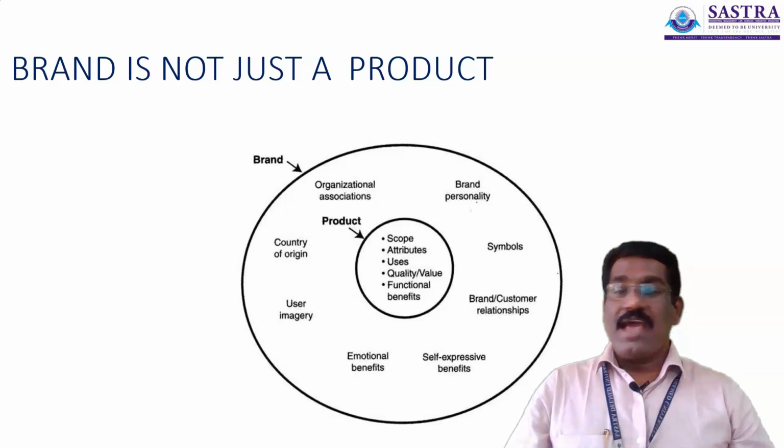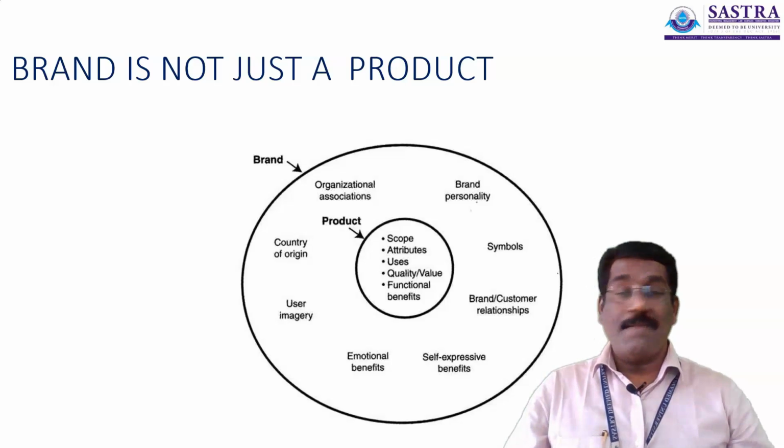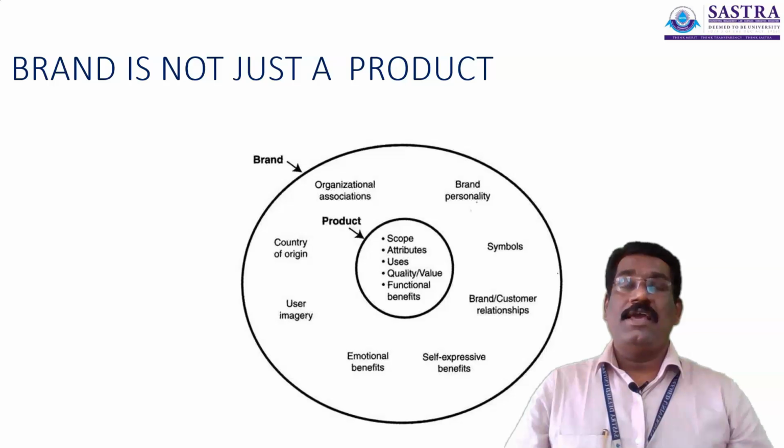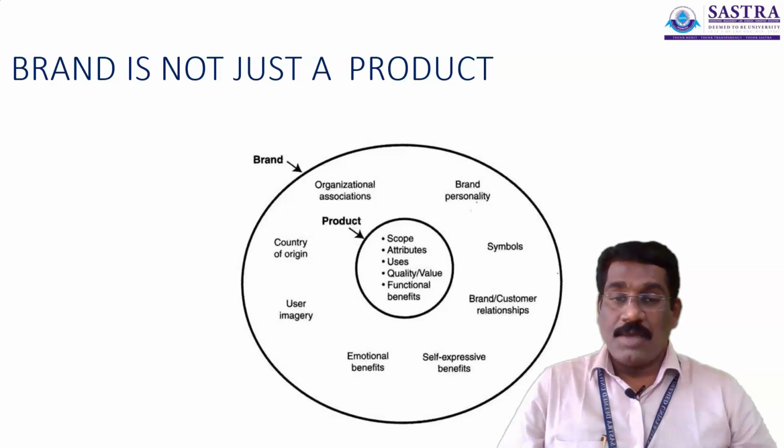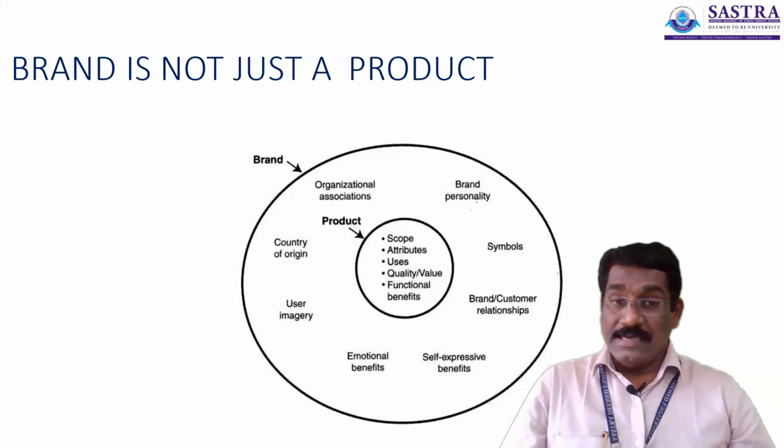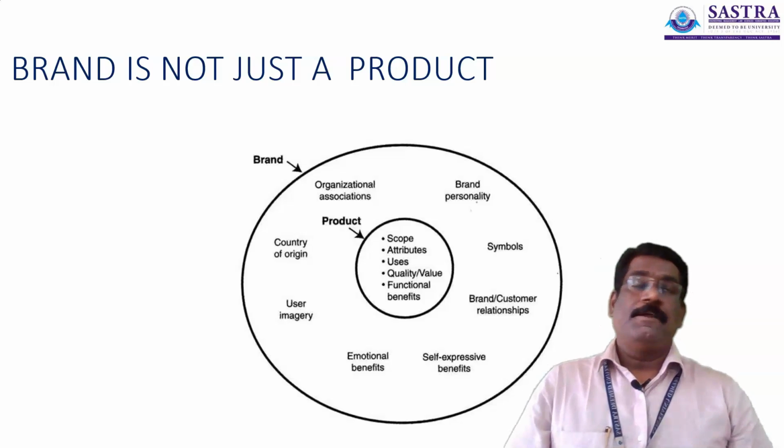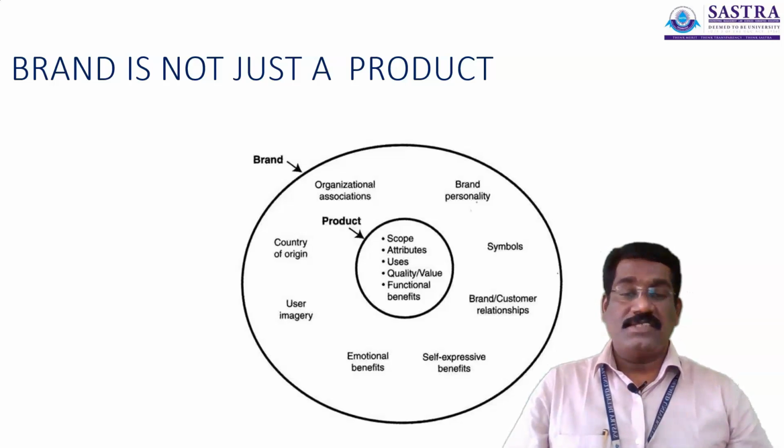A brand should have an organizational association, a brand should have a personality. For example, I used to wear rough and tough jeans because maybe my personality is a little on the rugged side, so I go for rough and tough jeans.